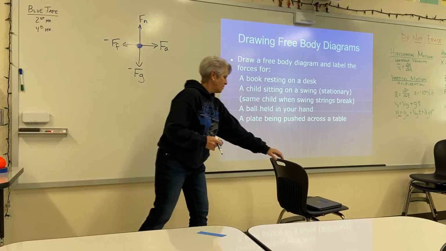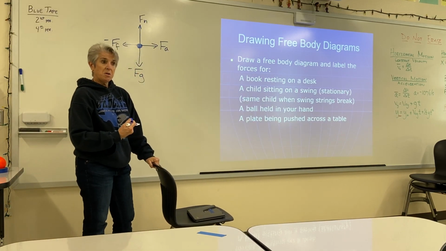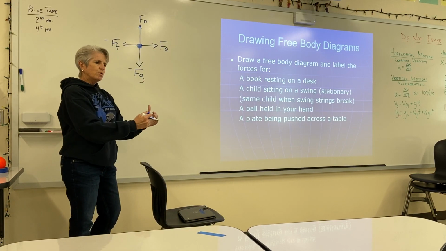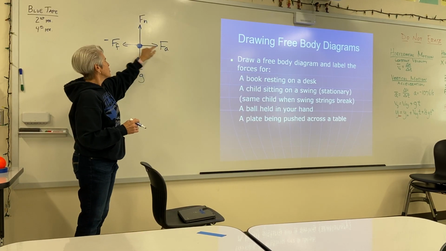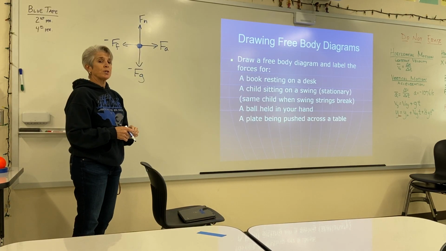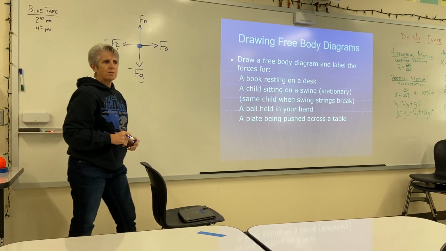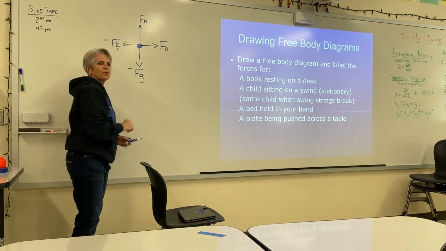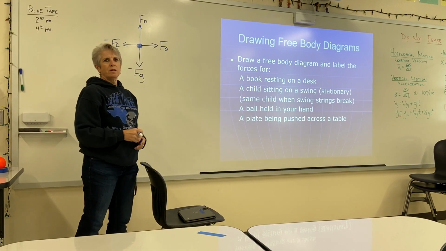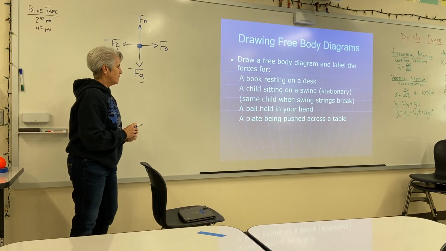So in this case, our object can move at constant velocity, and if I pull it this way, I have an applied force this way, there's a friction force that way, and it's still moving at constant velocity, then I know these two forces are equal in magnitude, but opposite in direction. If I wanted to accelerate this, well, then one force would have to be bigger than the other force. And I'm going to accelerate in the direction of the net force, the bigger force.